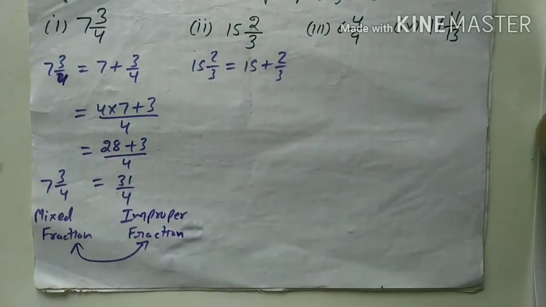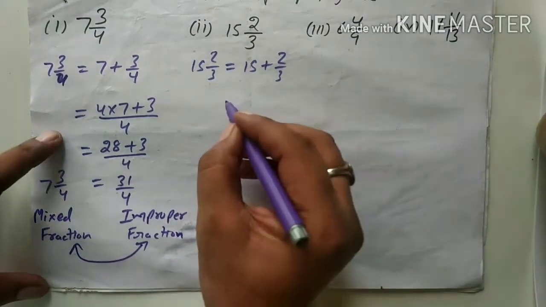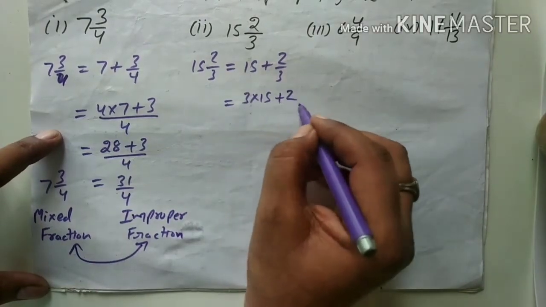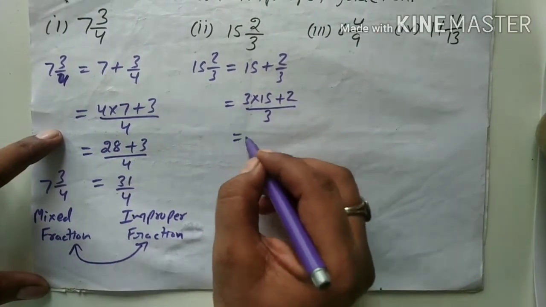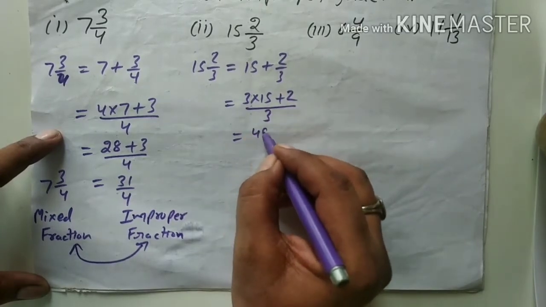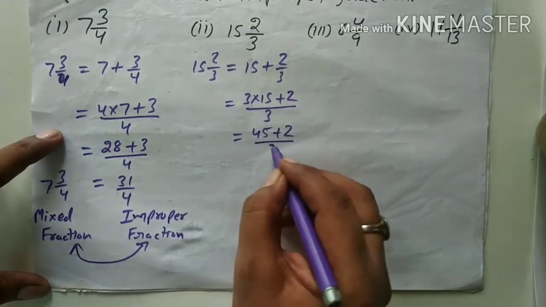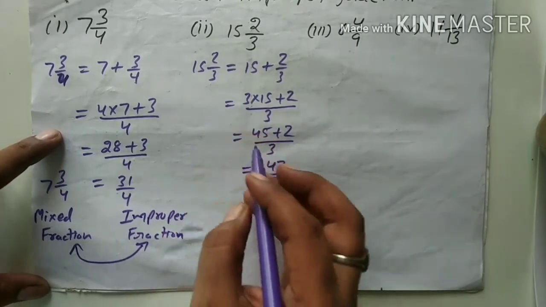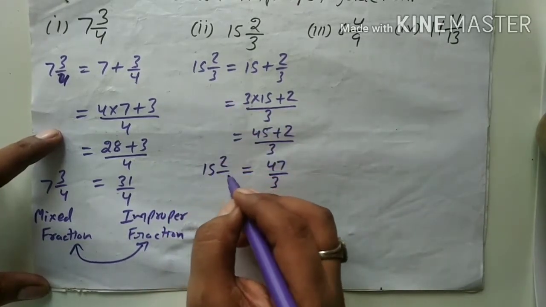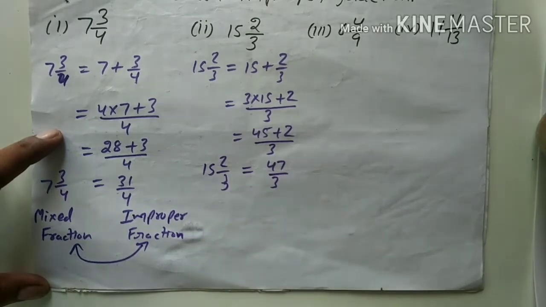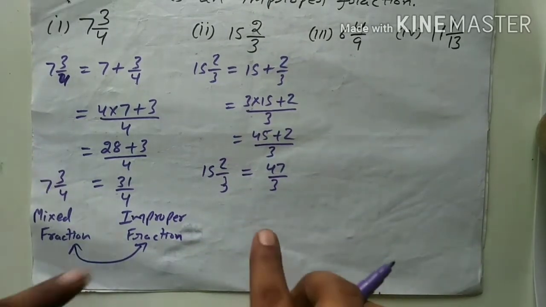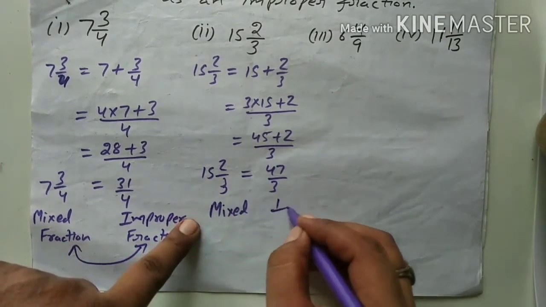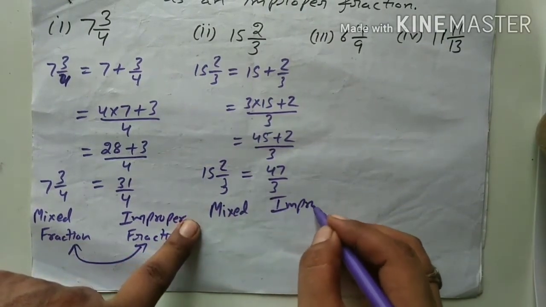Now what shall we do? 3 multiply 15 plus 2 over 3. 3 multiply 15 is 45, plus 2 over 3. Now this is 47 over 3. So 15 and 2 by 3 can be written as 47 over 3. This is the mixed fraction and this is the improper fraction.